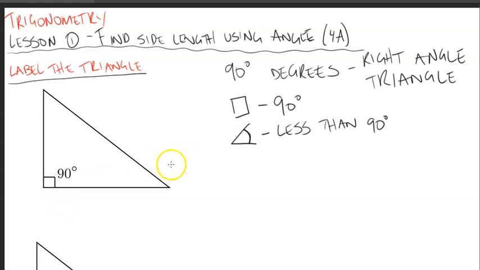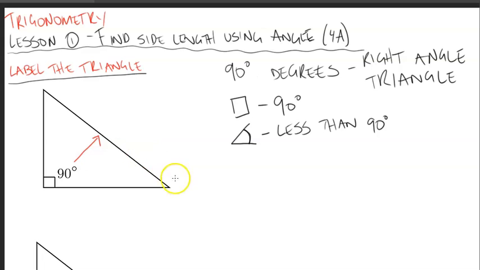Now, we want to label this triangle. There are specific things within this triangle, specific characteristics that we have to establish. And it seems kind of basic that we're just looking at a three-sided triangle with a 90 degrees. But we do have to make some establishments. The first one is we want to label this line here.